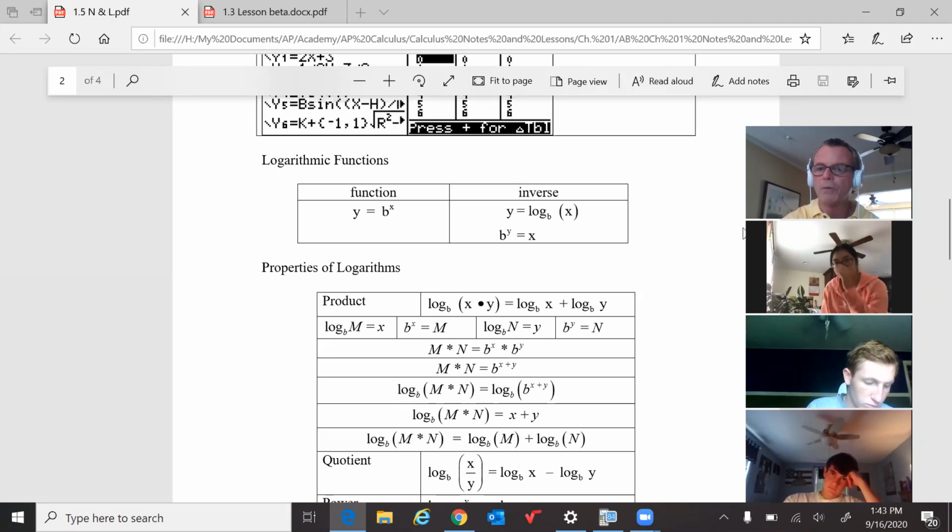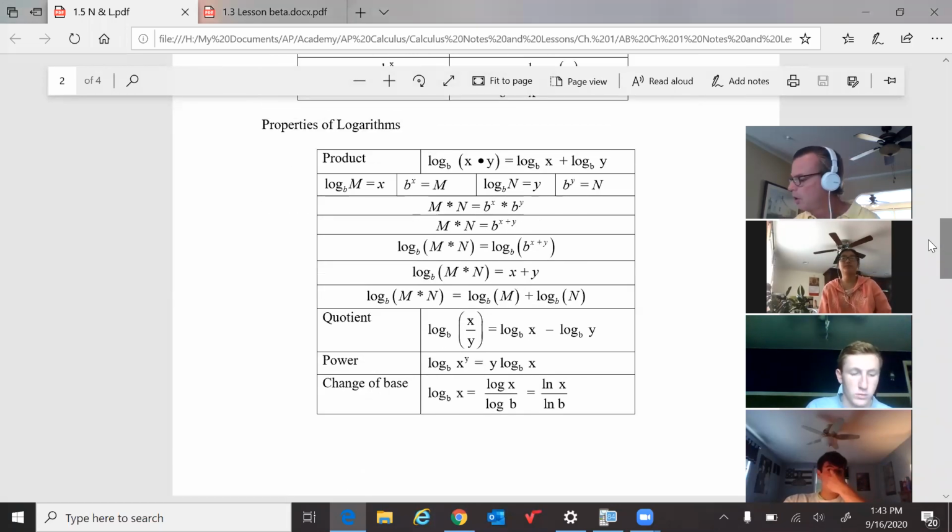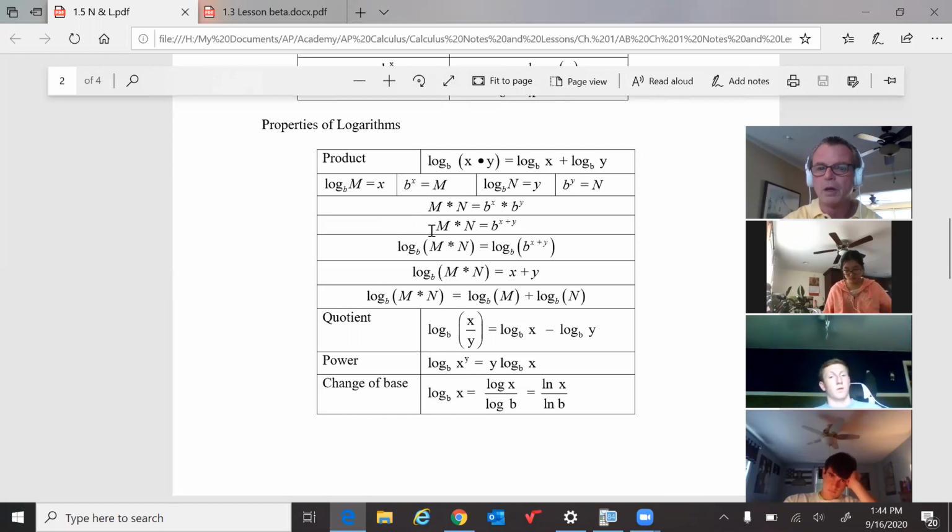Okay. Now, one reason we did that, looking at properties of logarithms on page 41 at the bottom, here's 4 properties. I don't really care about change of base. We can work that out per problem. But the product property, you have to be familiar with these.